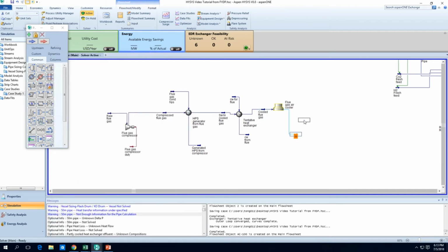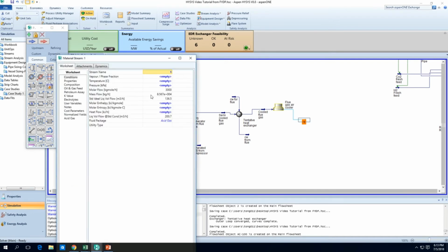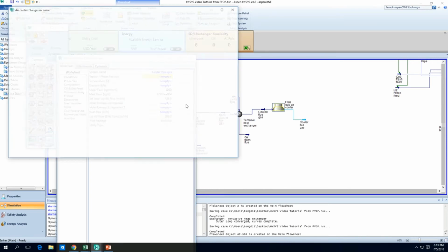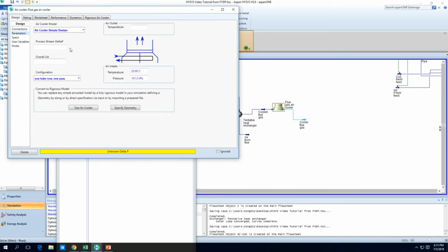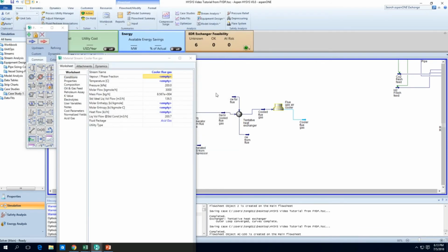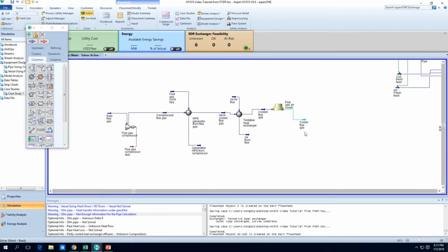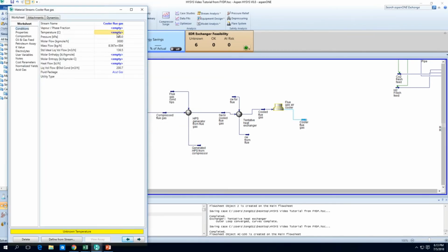So cooled flue gas. So this is going to drop, let's say 100 again. And the temperature is going to be about 50. We want to keep it at 50.